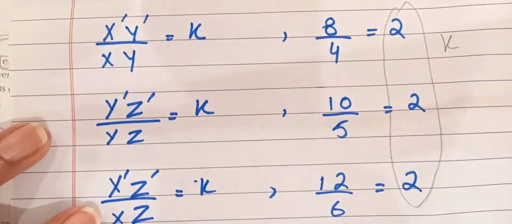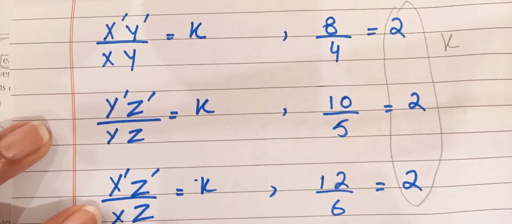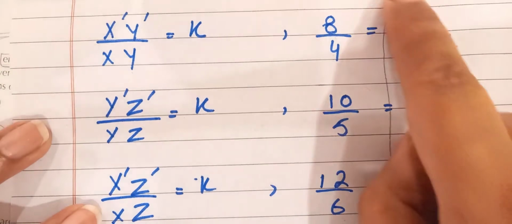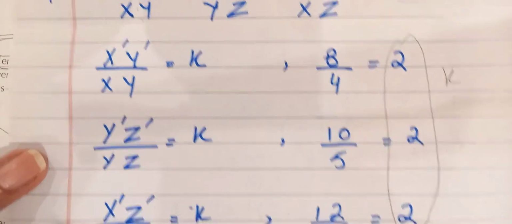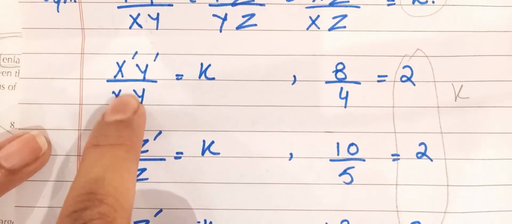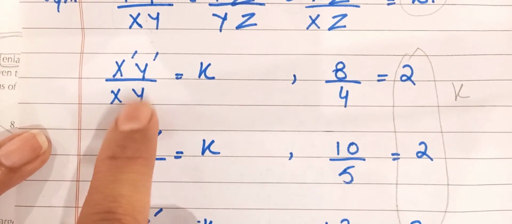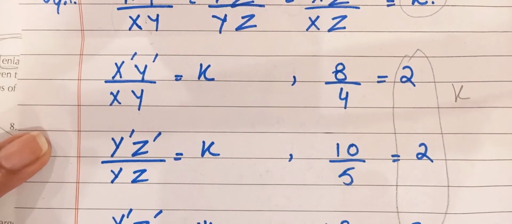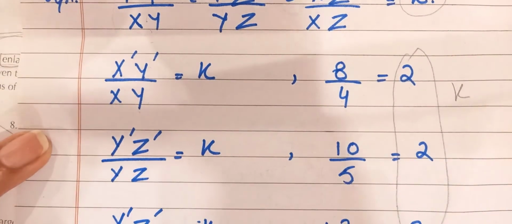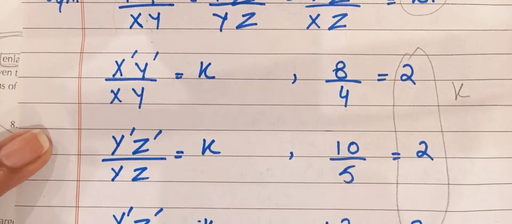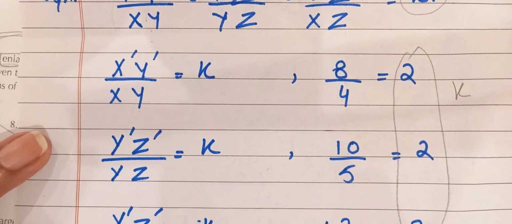If the sides have to be proportional, then this number should be constant. When we divide these corresponding sides by each other, we should get the same number in all three sides, or whatever the number of sides be. Here in this case we are dealing with triangles.